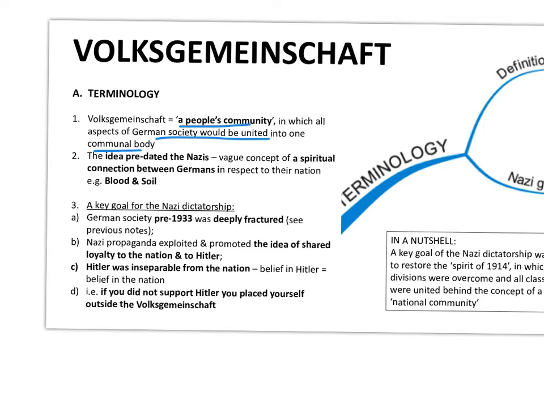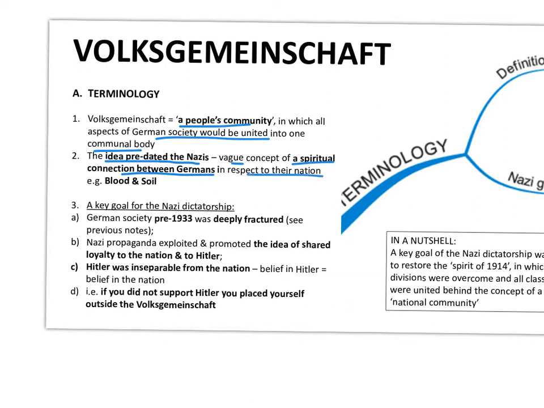So the idea actually predated the Nazis. It wasn't invented by the Nazis. When historians look at the literature and people who spoke about a Volksgemeinschaft, a people's community, often it was written in almost a spiritual sense, always very vague, that there was some sort of unique connection between Germans in respect to their nation.